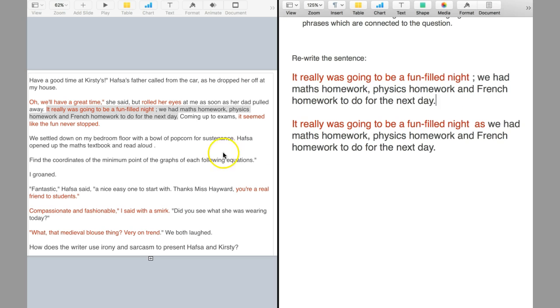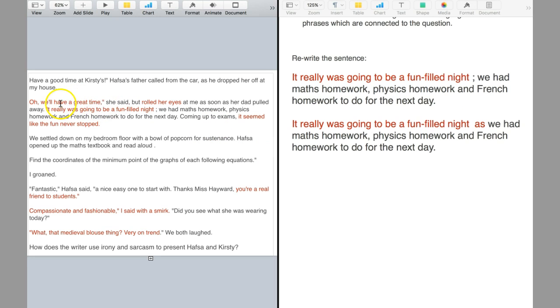Again, we'll have a great time, roll her eyes. It really was going to be a fun-filled night. It seemed like the fun never stopped. All these are sarcasm.